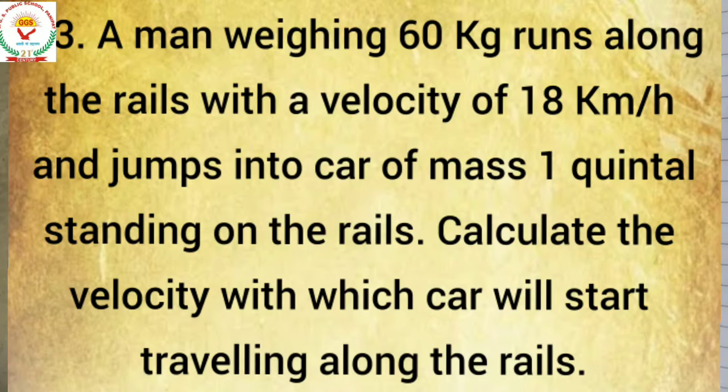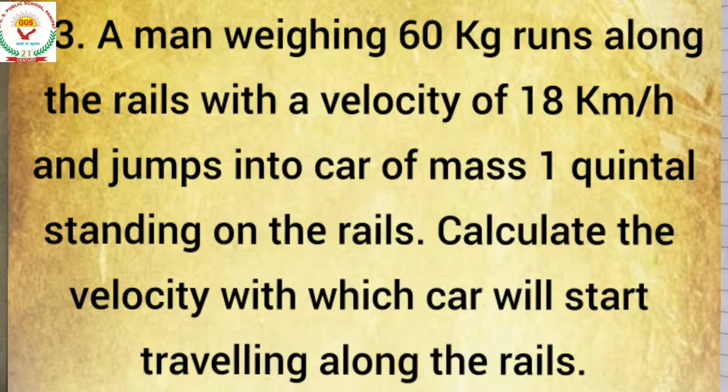Question number 3. So we have a man weighing 60 kg who runs along the rail with a velocity of 18 km per hour and jumps into a car of mass 1 quintal standing on the rail.